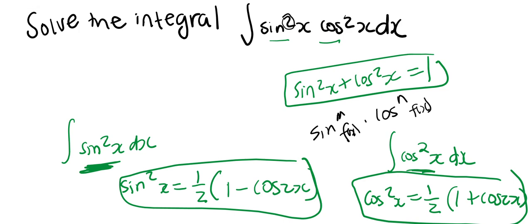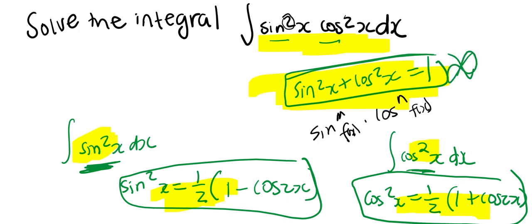But here we will start with this identity over here, the reason being that we have a product of the two, and both of them are even powers. So as I said, let me repeat: with one term, use this identity; but when there are two terms, you first start with this identity over here. I hope that is clear.